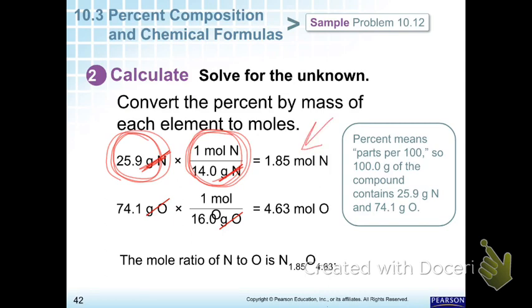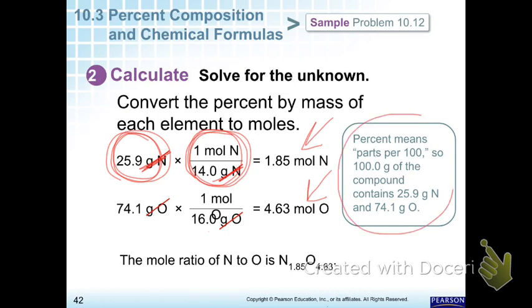So you're calculating 1.85 moles of nitrogen. Okay, do the same thing for oxygen. 74.1% divided by 16 grams per mole gives you 4.63 moles of oxygen.